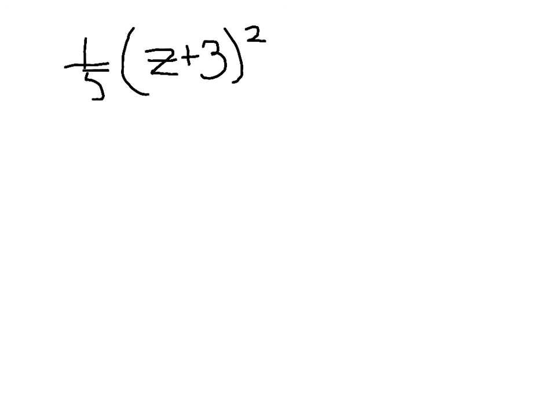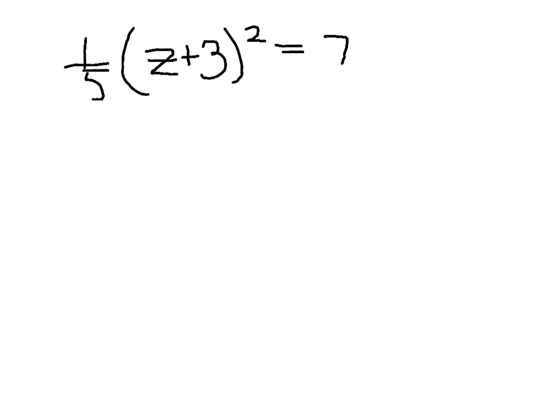Okay, let's do one more example just to make sure that we've got it. So, if we have 1/5 times z plus 3 squared, and if that equals 7, then what do I need to do?